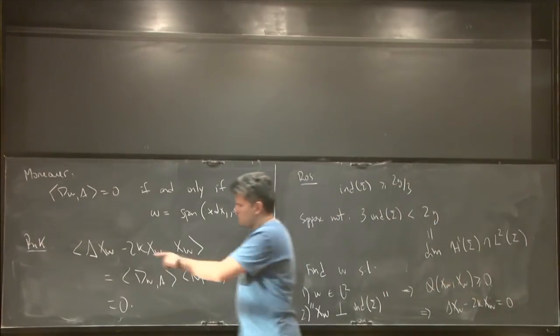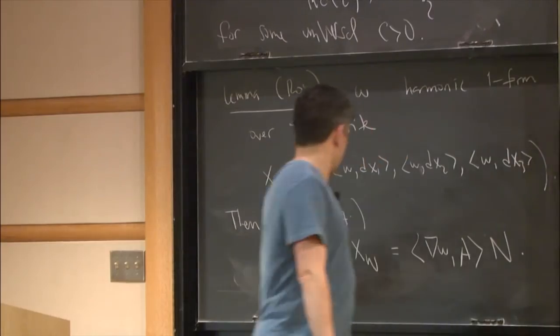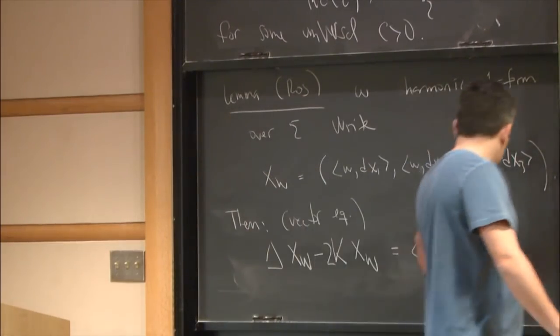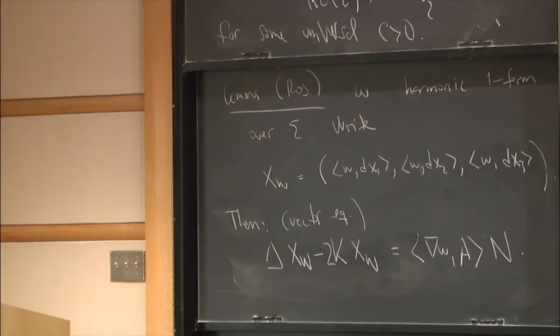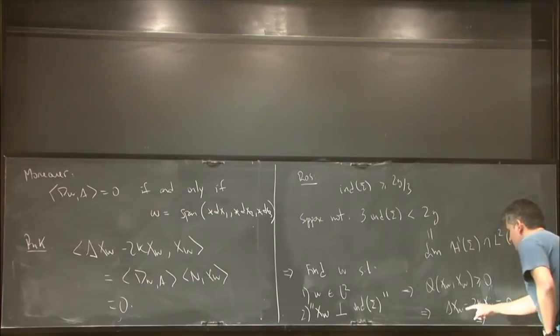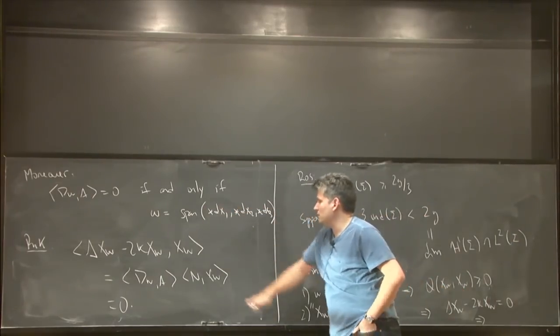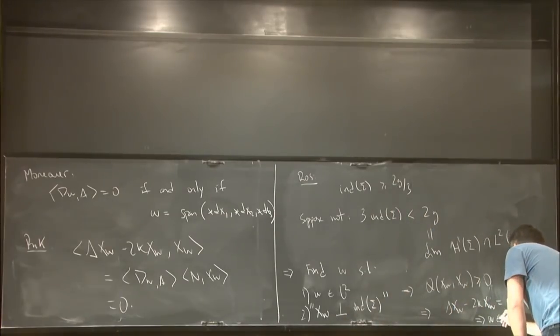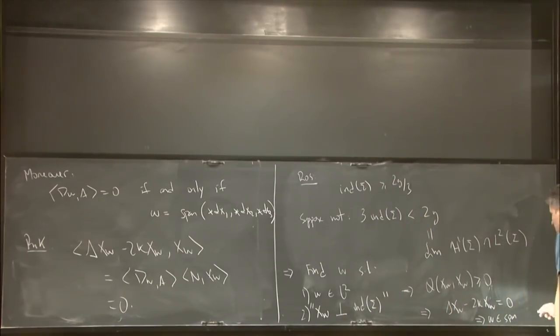So then this is 0. This implies that this has to be 0. But then if that is 0, by this part, omega has to be in the span of these functions.